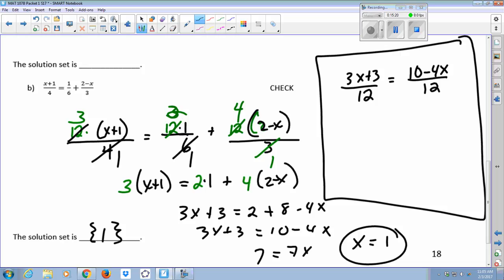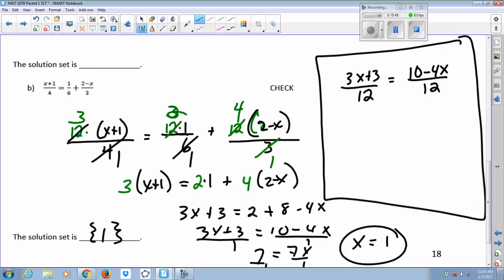Okay, so think about this for 1 second. We're asking what value of x makes the left side equal to the right side? Look at the denominators. I mean, if I wanted to, I could have put 1s over all of these. It's not necessary because 1 is equal to 1. I don't even have to pay attention to that. When you have something like this, the 12 is already equal.